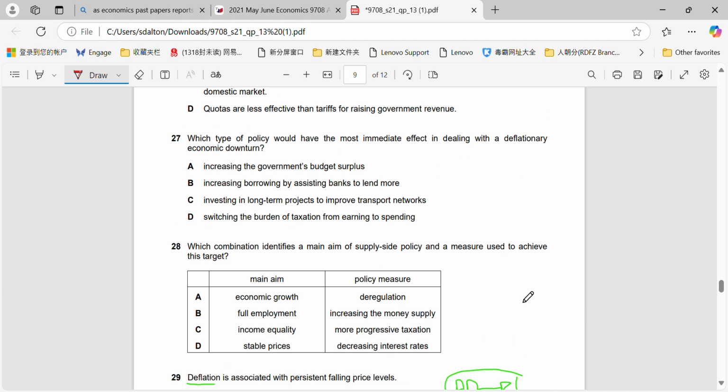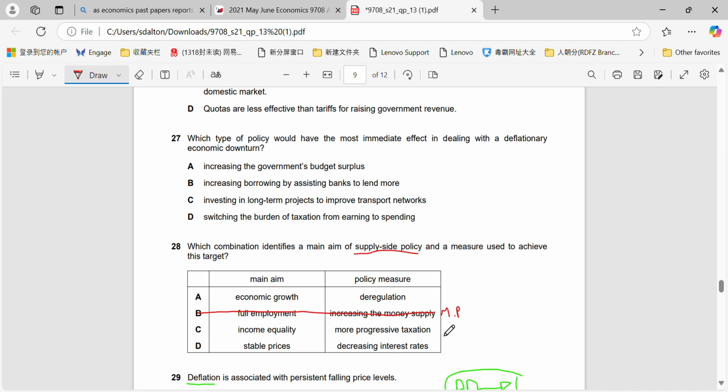Question 28. Which combination identifies a main aim of supply side policy and a measure used to achieve the target? Okay, so first of all, this should be very easy to identify, because while the other ones could be true, increasing the money supply to get to full employment could be true, it is not a supply side policy, it is a monetary policy.